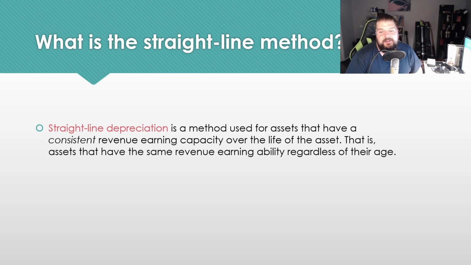So when we're talking about straight line depreciation, we're talking about a method of depreciation where we particularly apply this to assets that have a consistent ability to earn revenue over its life. Okay? Now, what I mean by that is the amount of revenue that this asset earns is going to be consistent no matter what.